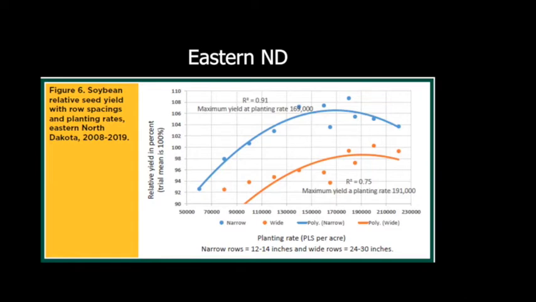For the narrow rows, it was about 170,000 pure live seeds per acre. And for the wide rows, which may surprise some people, it was actually higher. The maximum yield was at a planting rate of about 190,000 pure live seeds per acre.